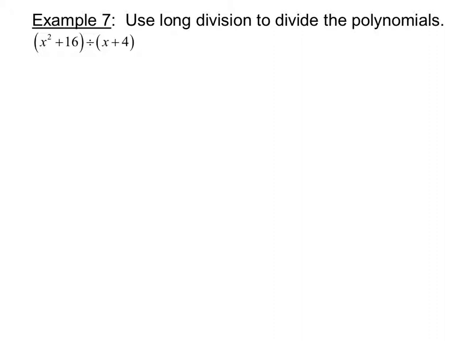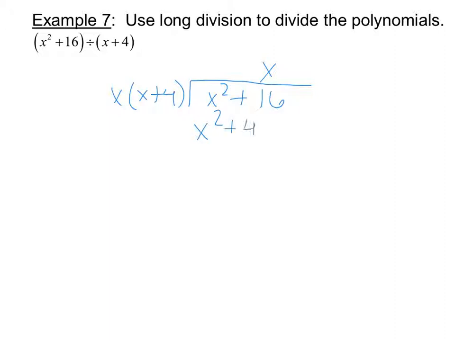Okay, so it's the same thing here. So this one goes outside, this one goes underneath, but watch. So I had the x plus 4. Now, don't copy this part down, okay? Just wait and watch. What do you multiply x by to have it equal x squared? X. So if I distribute that, I get x squared plus 4x. Subtract.